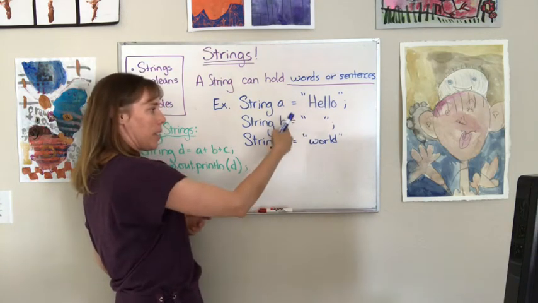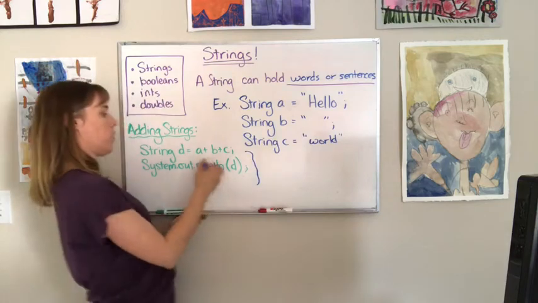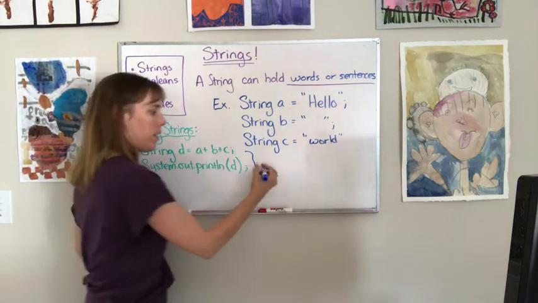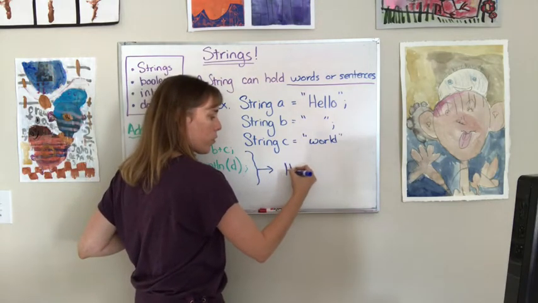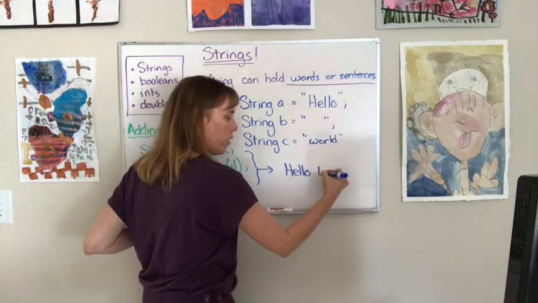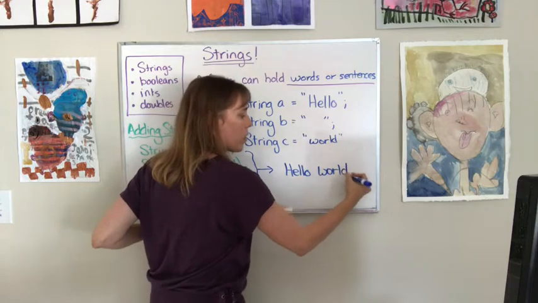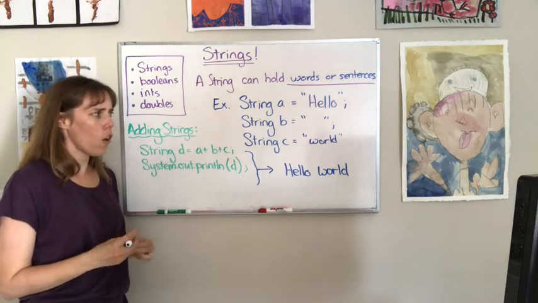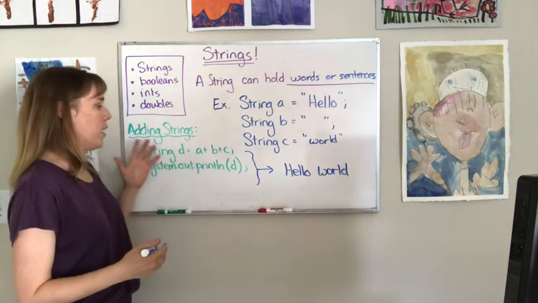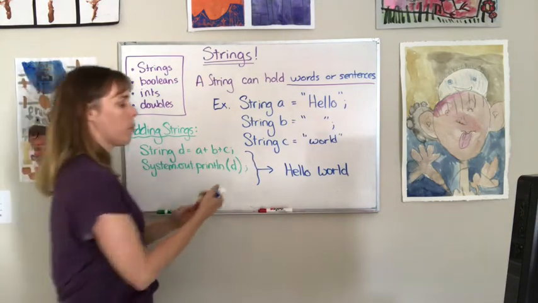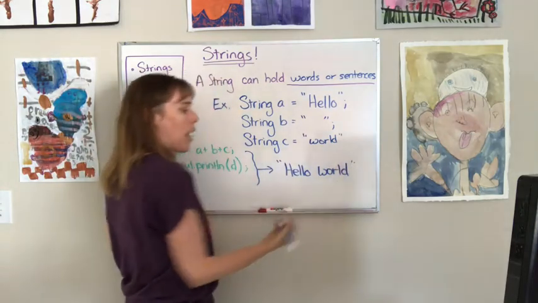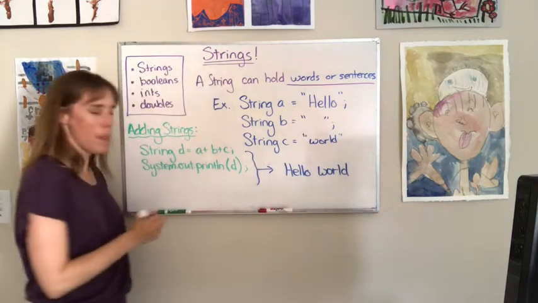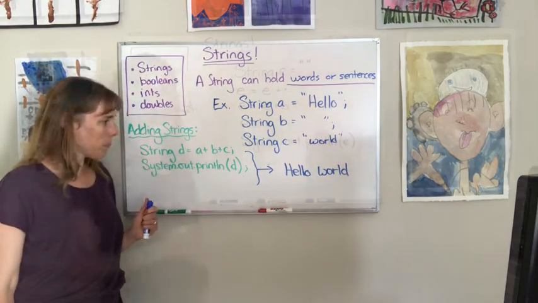I'm going to concatenate A, B, and C. So the result of string D is A plus B plus C. Printing this is just hello world, and it doesn't have any quotation marks when you print it, even though starting off it did. So strings always have quotation marks around them. If I ask you what D was, you'd probably write it like this, but if you actually print it, it will print without the quotation marks. Okay? That's not a big deal. Don't worry about that part.